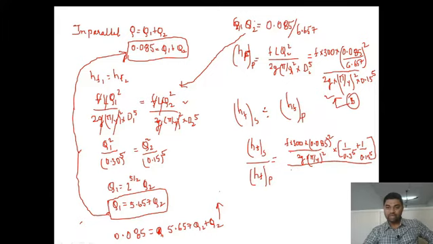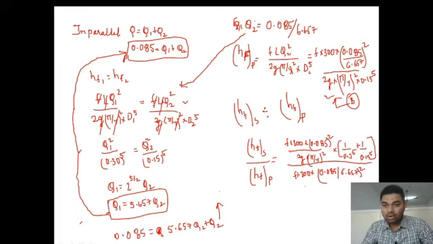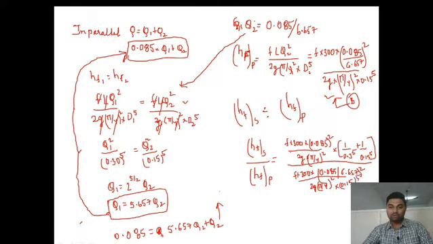What is our equation B? Look at the equation of B: f into 300 into 0.085 by 6.657 whole square, whole divided by 2g pi by 4 whole square into 0.15 whole to the power of 5.